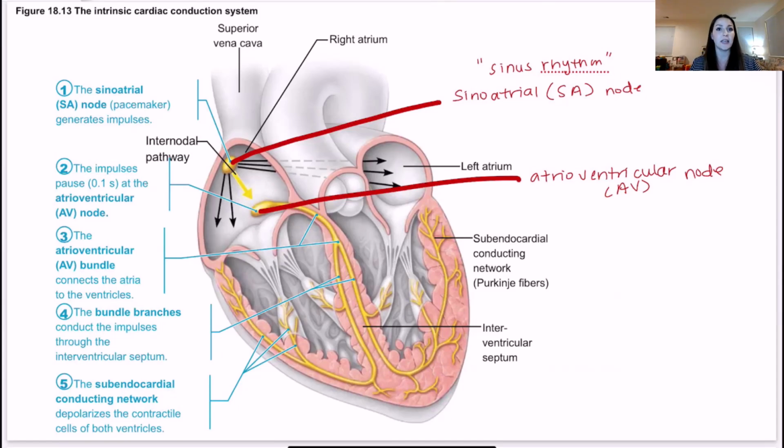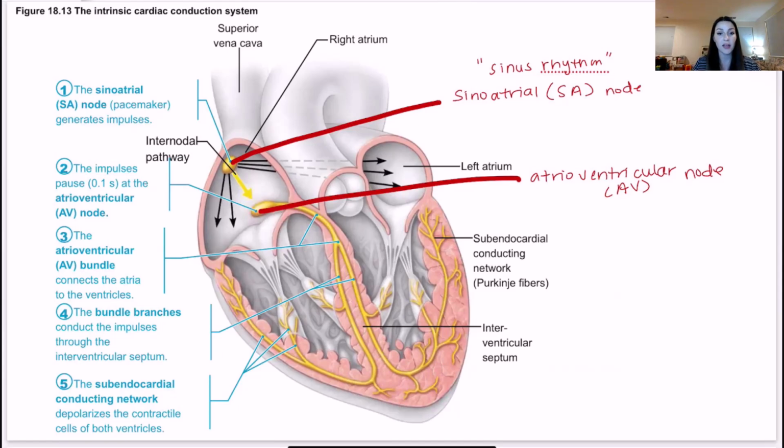So what happens is that the impulse, that depolarization, comes from the SA node, and the SA node sends that signal all around it, and that impulse will reach the AV node, which then does the same thing, spreads that impulse.